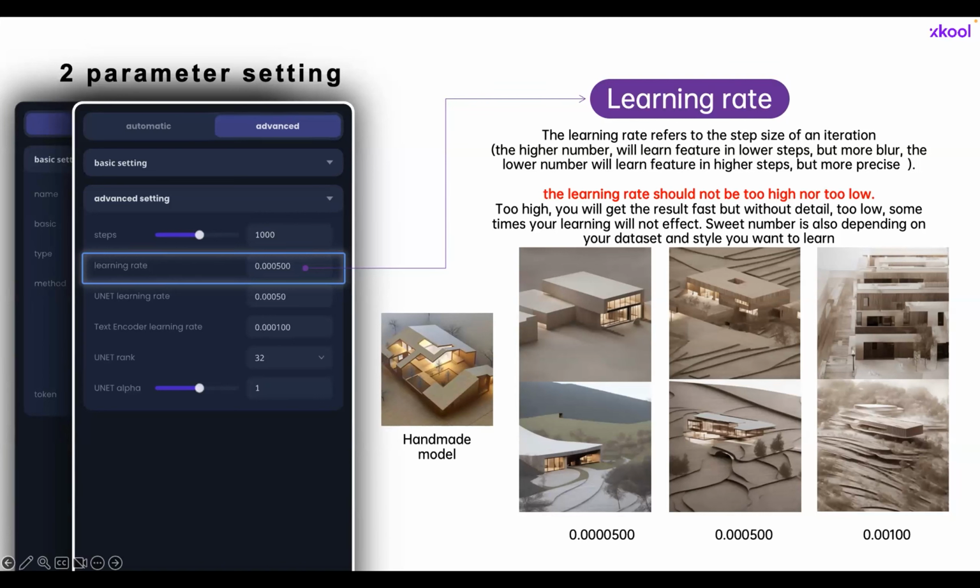So you also need to try sometimes to find your sweet number to get the balance between the higher and lower numbers. In some cases, it's always related to the steps before. So you have to keep the balance between the steps and the learning rate. Sometimes you need to change it several times to get a good result.